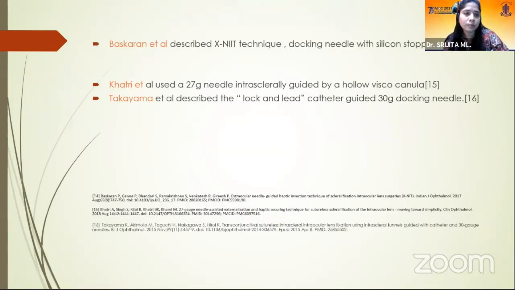Based on this technique, Bhaskar et al. had described the XNet technique where the docking needle had a silicone stopper. Khatri et al. had used a 27 gauge needle intrasclerally, guided by a hollow viscocannula. Takayama et al. had described the lock and lead catheter guided 30 gauge docking needle.